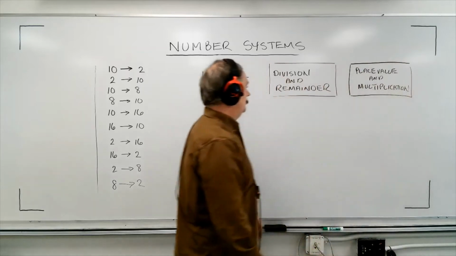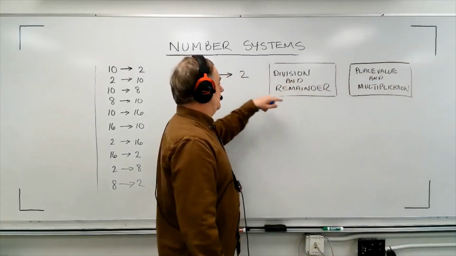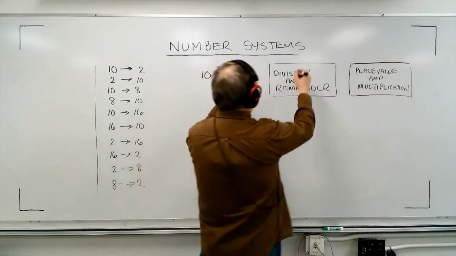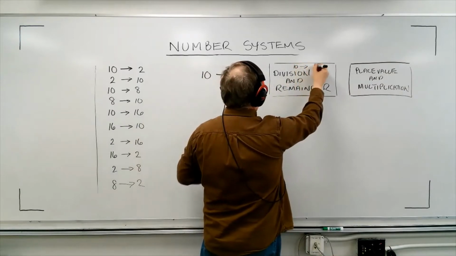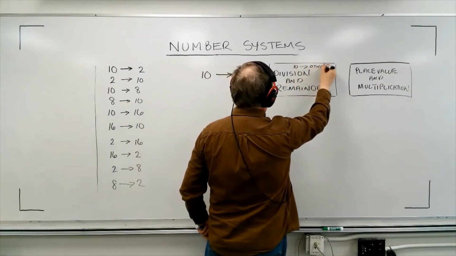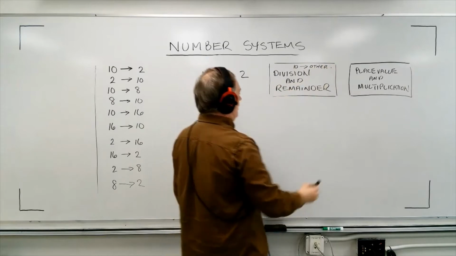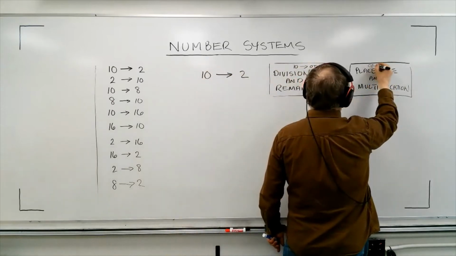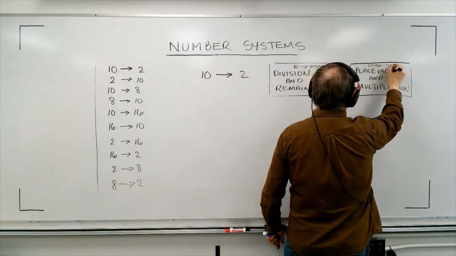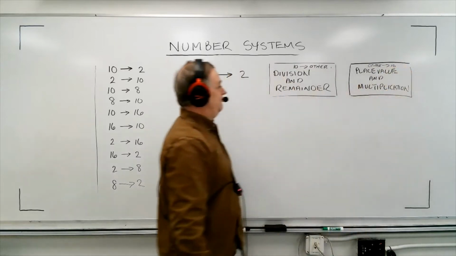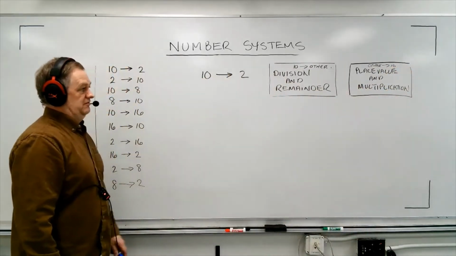So if we're going from 10 to another base, we use division and remainder. If we're going from another base to 10, then we use place value and multiplication.